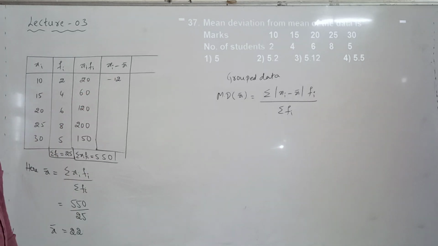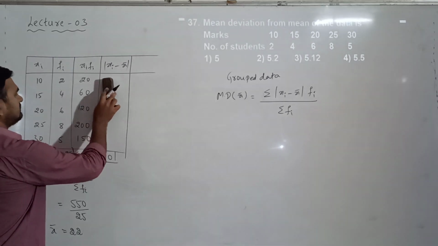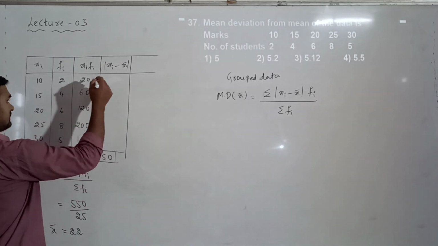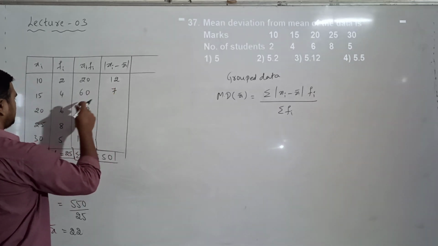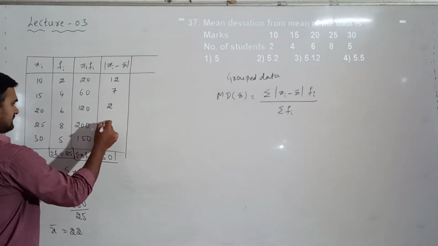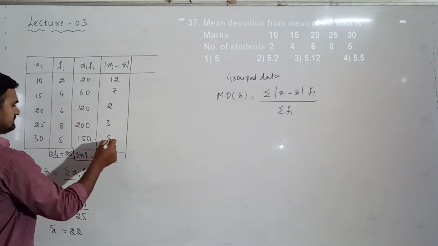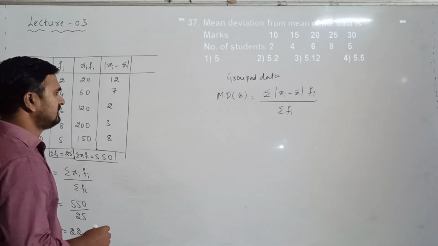And we will take the modulus. Okay, let us find the absolute value directly. So we take the modulus, we get 12 here, difference is 7, difference is 2, difference is 3, difference is 8.